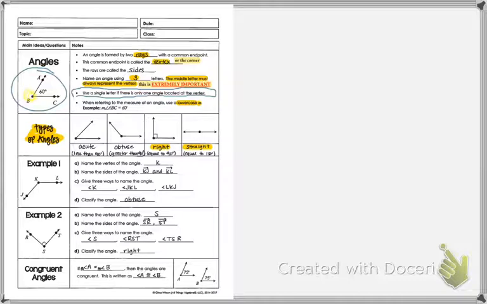So here are our examples. Example 1. Name the vertex of the angle. In other words, what is the endpoint that both the rays share? Name the sides of the angle, and this is where they made the mistake. Actually, not on this one. This one is correct. So here, sides of the angle are KJ and KL.